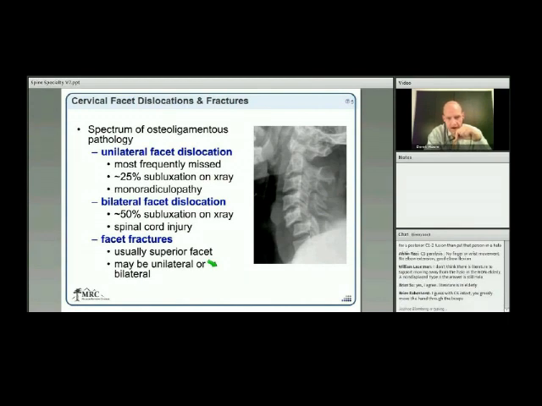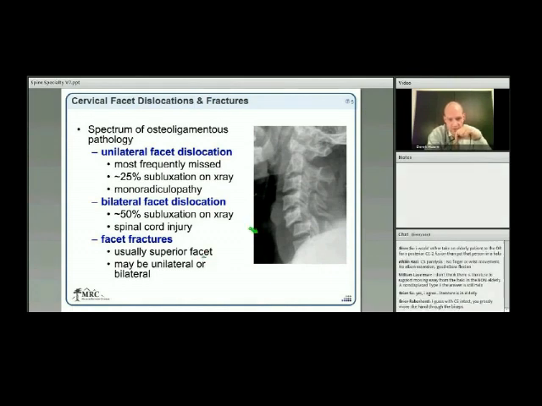This is different than a bilateral facet dislocation, where you usually have 50% subluxation on the radiographs. This is exemplified in this image here. These patients usually have more severe neurologic deficits and spinal cord injuries. In addition, facet fractures can either occur independently or in association with these facet dislocations.